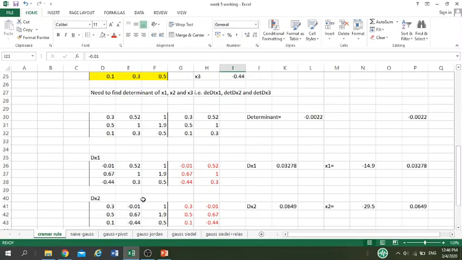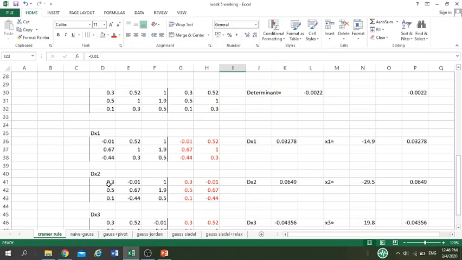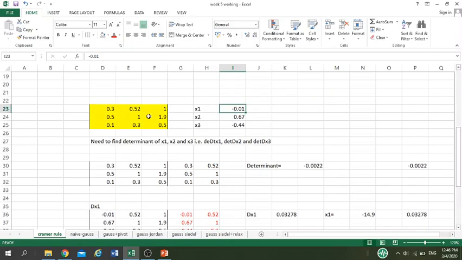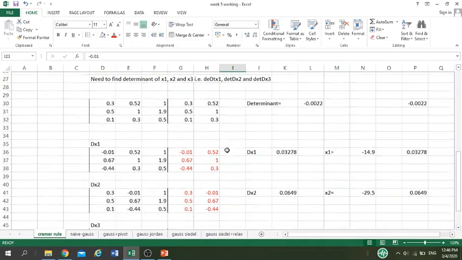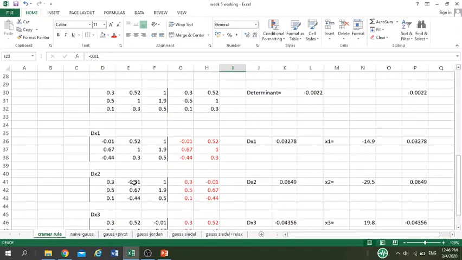Here I've done it for you. Originally it was this one, but I've taken out the second column and substituted it with the values of the answer. Then we repeat the same procedure just like we did for x1.